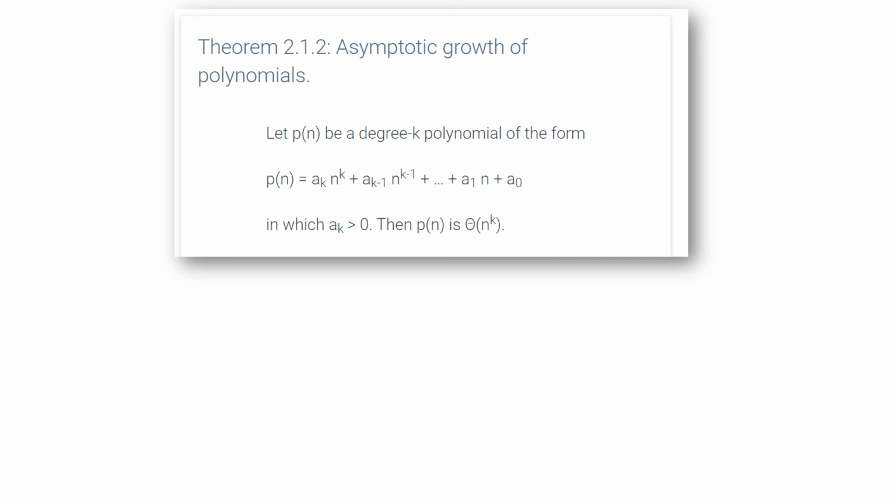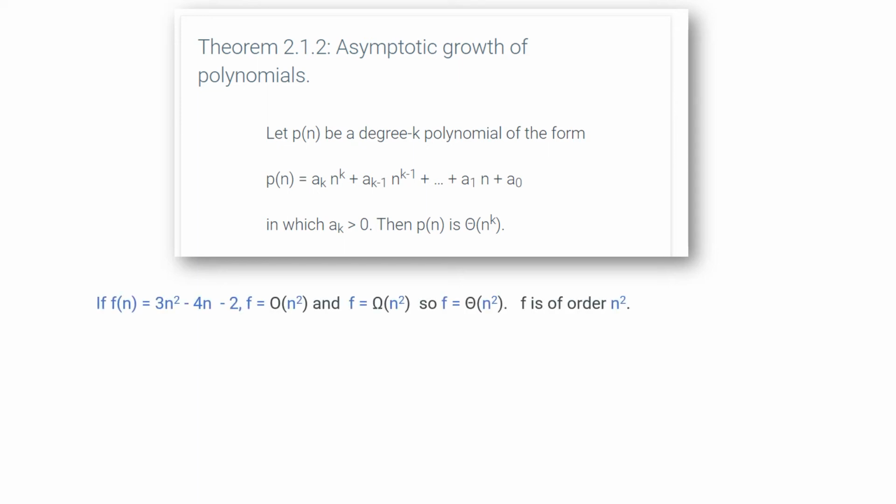So as long as our leading coefficient is positive, then we can say that a polynomial of degree k is theta of n to the k, and therefore shaped similarly, as n gets large, to n to the k itself.